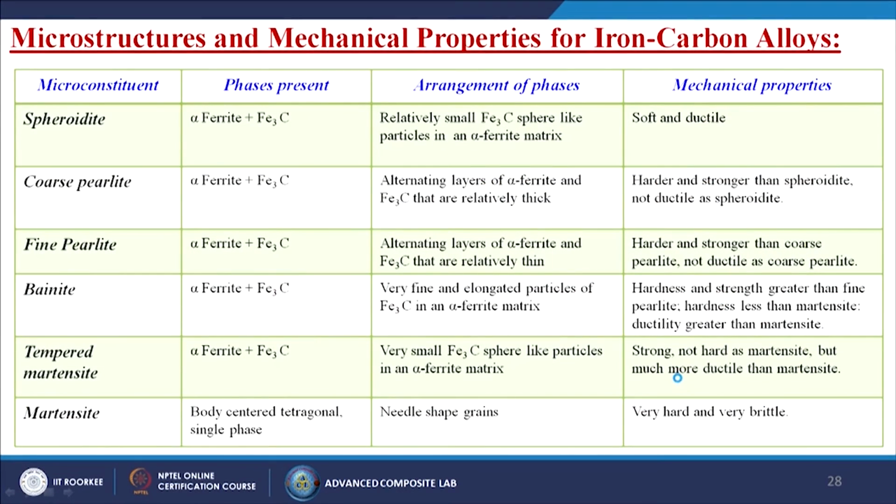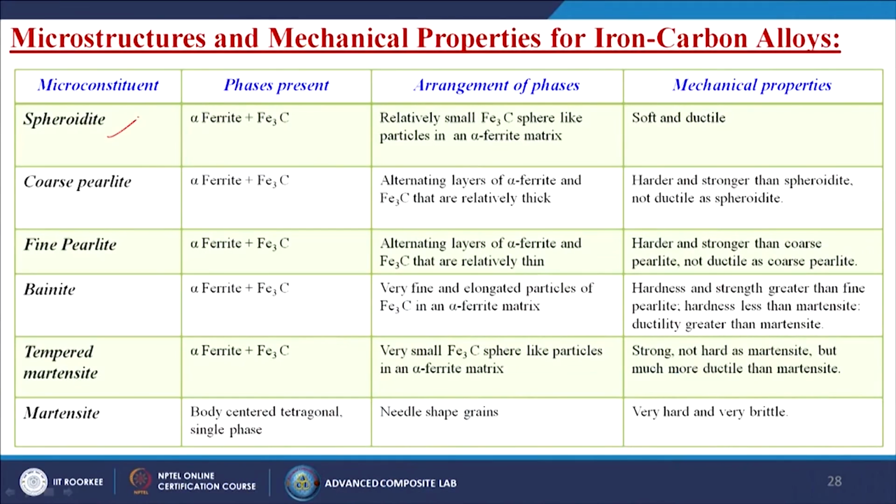Now, microstructure and mechanical properties for iron-carbon alloys. This is an overall comparison table. For the microconstituent spheroidite, the phases present are alpha ferrite plus Fe3C. The arrangement of phases is relatively small Fe3C sphere-like particles in an alpha ferrite matrix. Mechanical properties: it is soft and ductile.